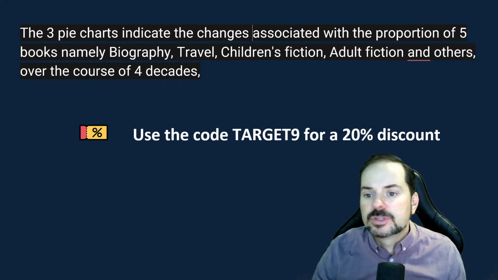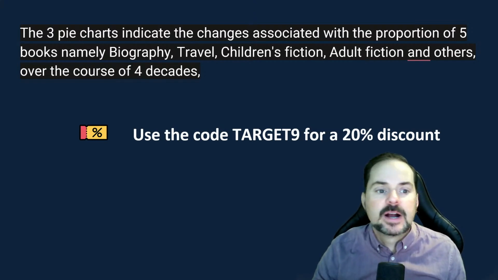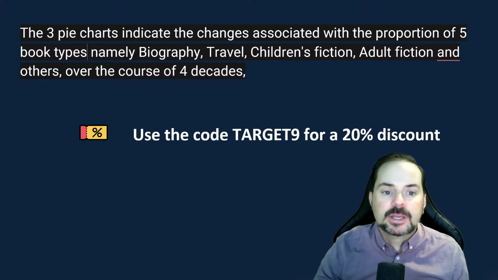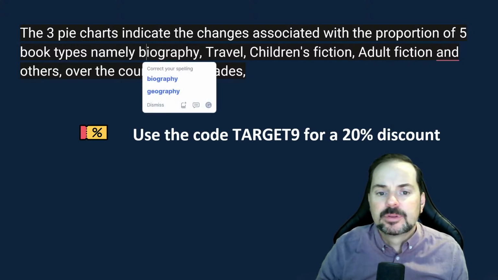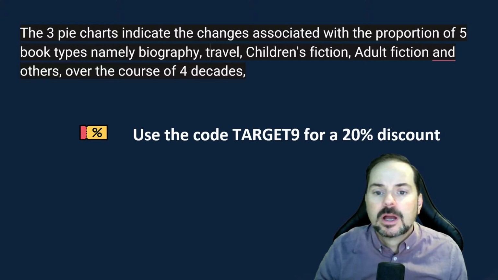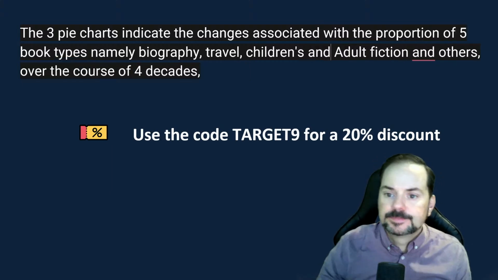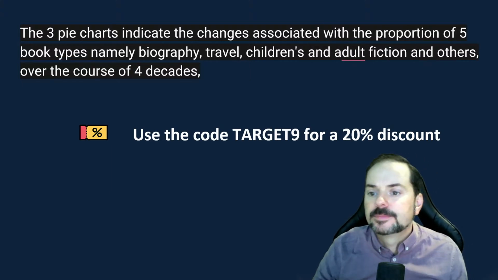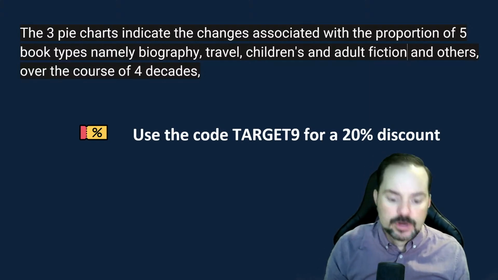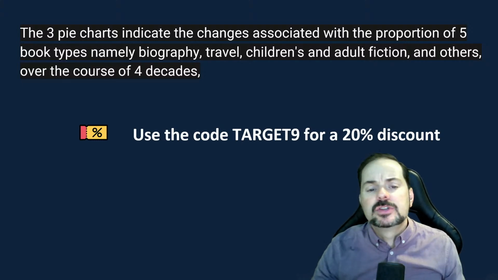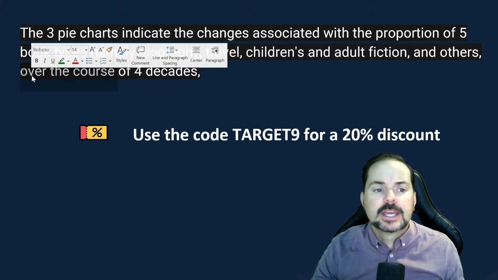The changes associated with the proportion of 5 book types. It's not 5 books, it's 5 book types. Namely biography, and these don't need to be capital, they're just common nouns. Travel, children's and adult fiction, and others over the course of 4 decades. It's not actually 4 decades, and it's not over the course of 4 decades.